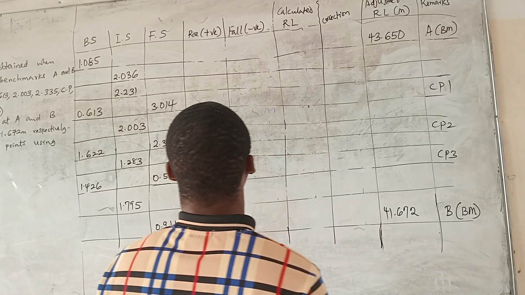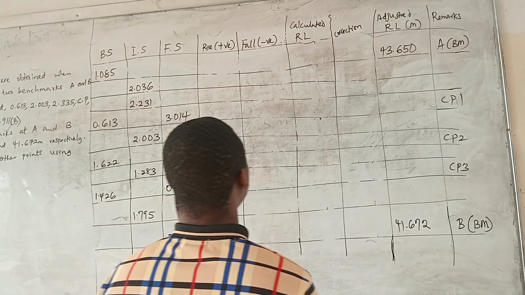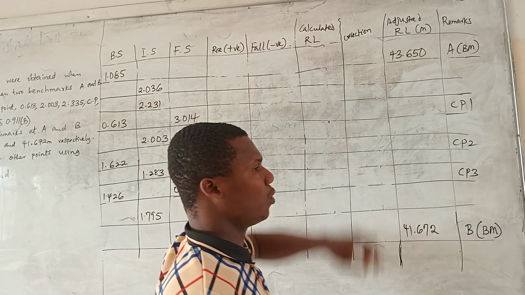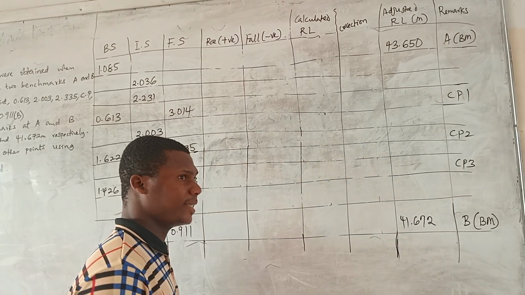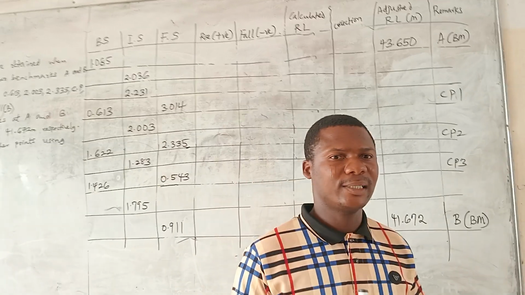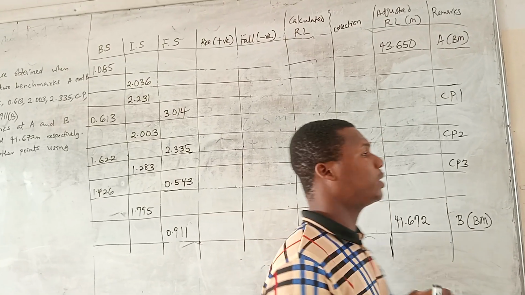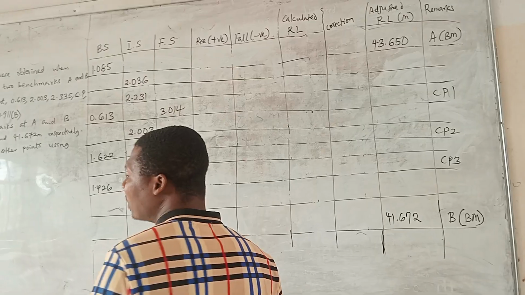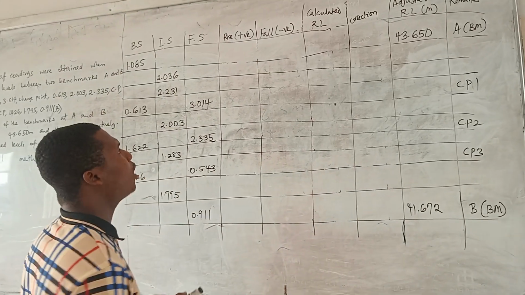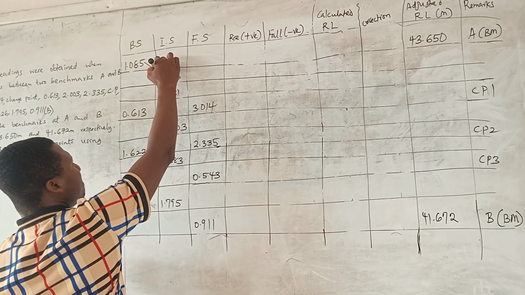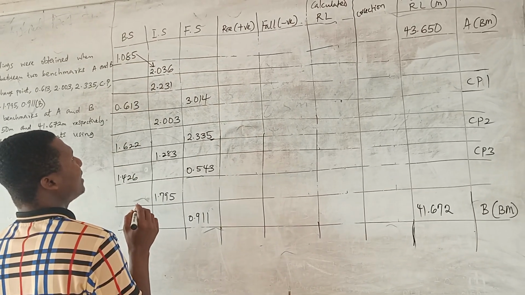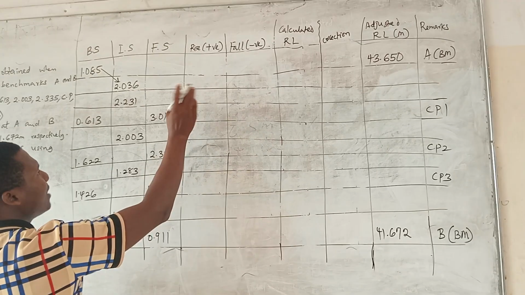Alright, so from here now, how do we get this rise and fall? You treat this case setup by setup. So how do you do this? This back side minus this intermediate side: if it's positive, you write it under rise.